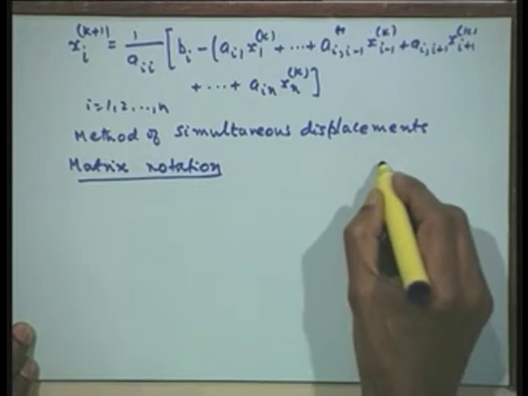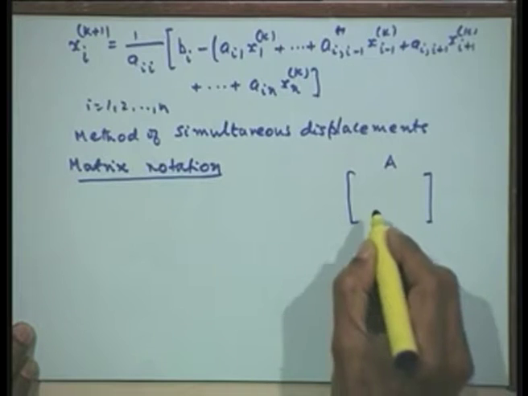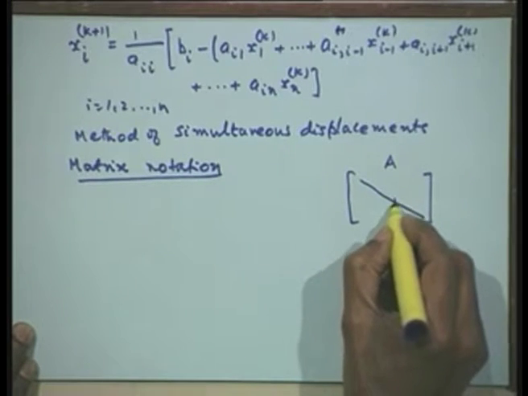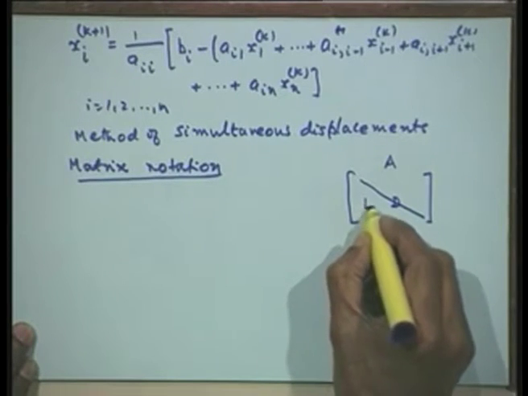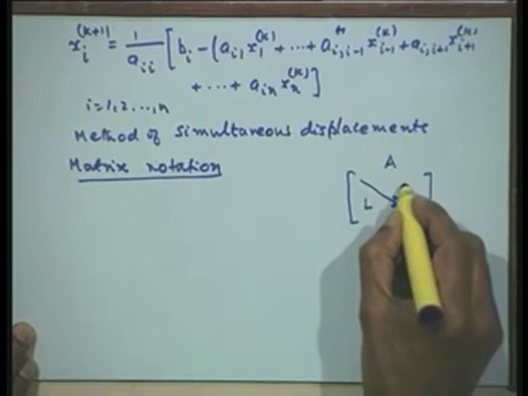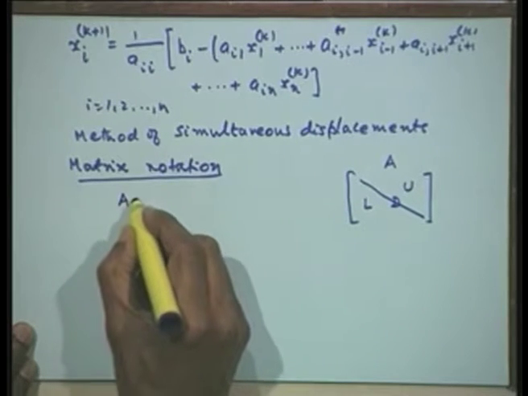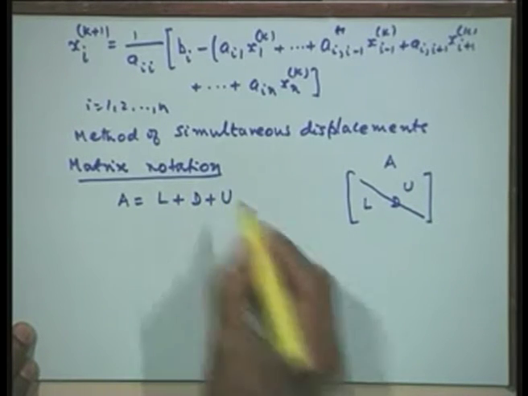The coefficient matrix A, I will write as a sum of 3 parts: the diagonal matrix I will call D, the strictly lower triangular part I will call L, and the strictly upper triangular part I will call U. That means I would like to write A is equal to L plus D plus U.